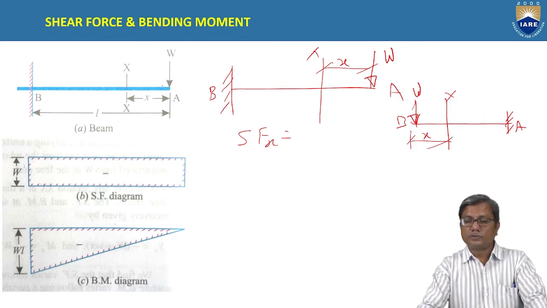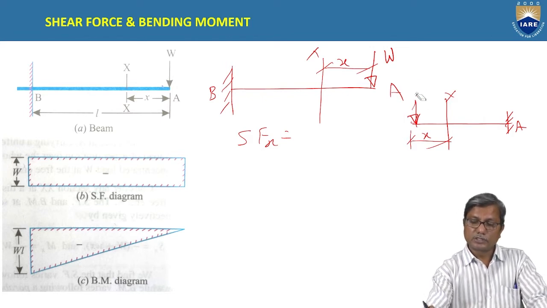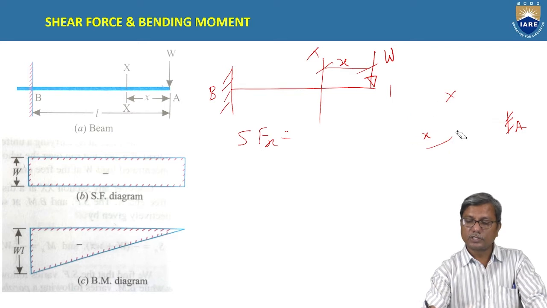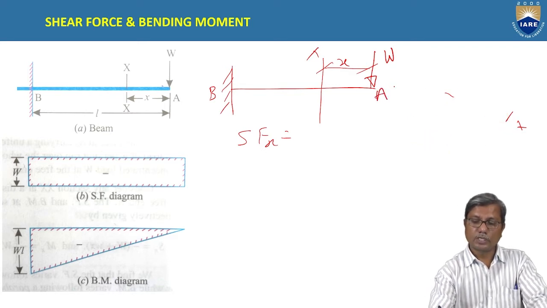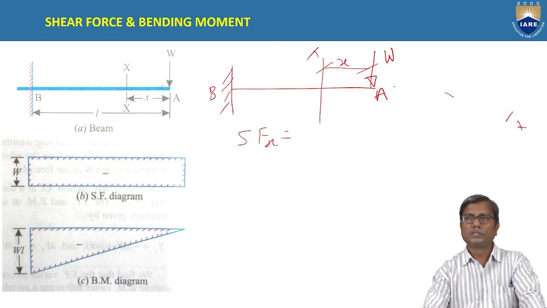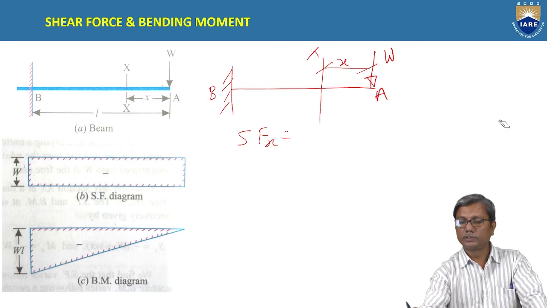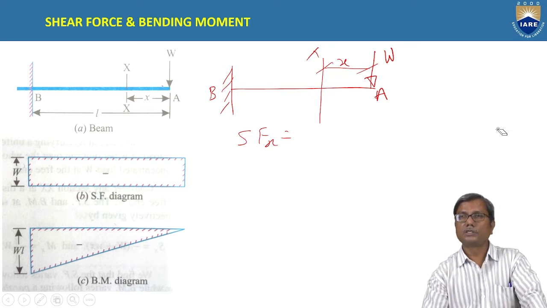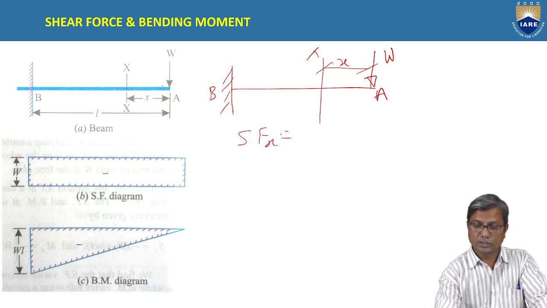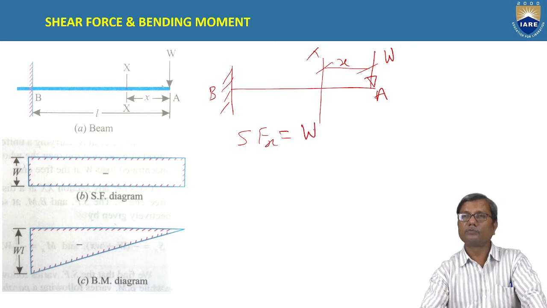Now the shear force at x, considering the right hand side. We sum up all the forces, the algebraic sum of all the forces towards the right. So how many forces are there? Only one force, acting downwards. As per our convention, it is positive.